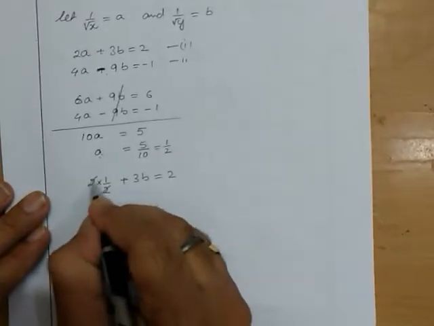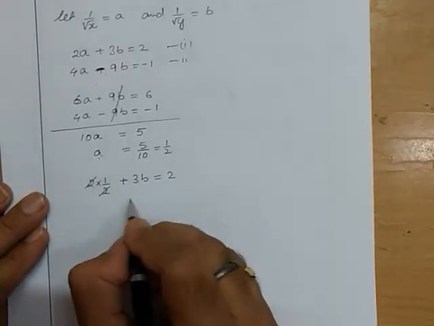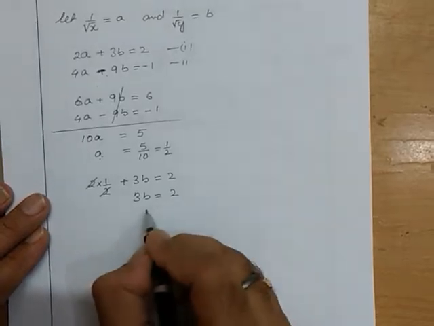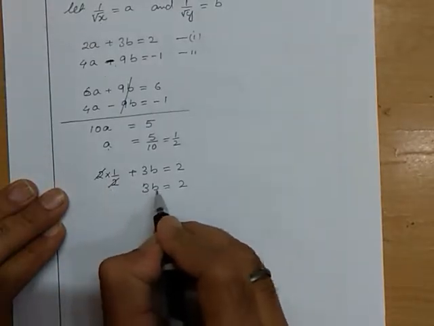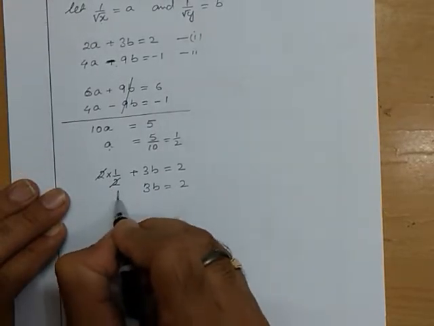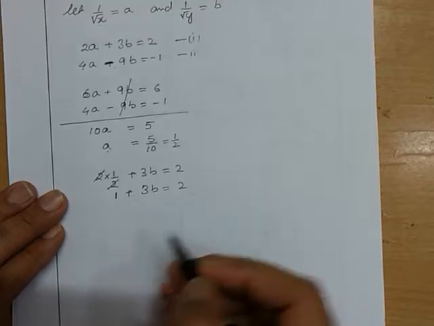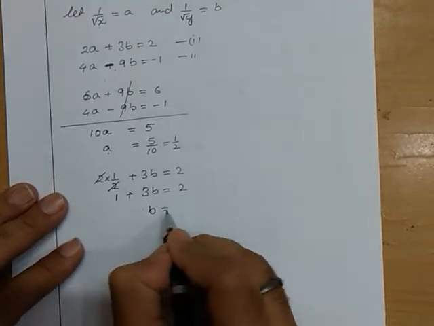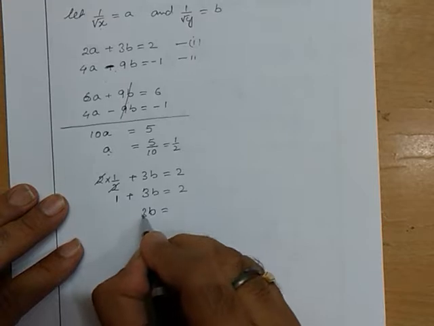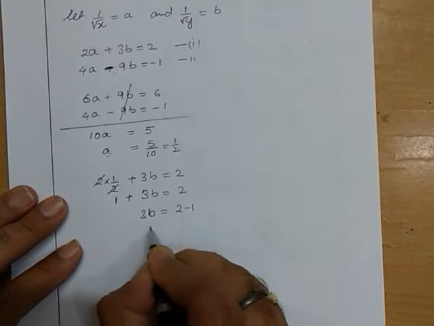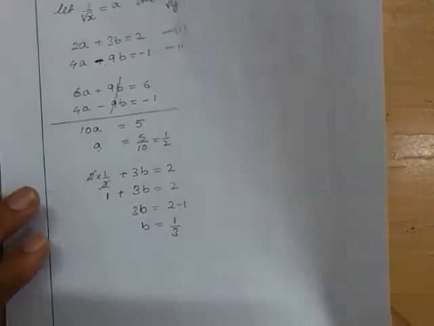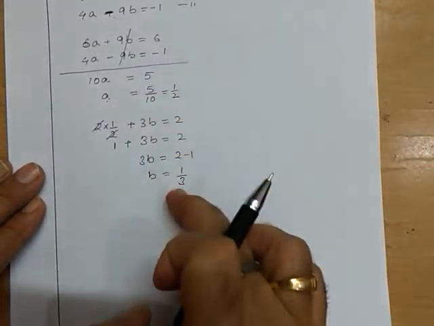This 2 and this 2 will get eliminated, so we are having 1 plus 3b is equal to 2, so 3b will be equal to 2 minus 1. So b will be equal to 1 upon 3. So here we have got the values of a and b.